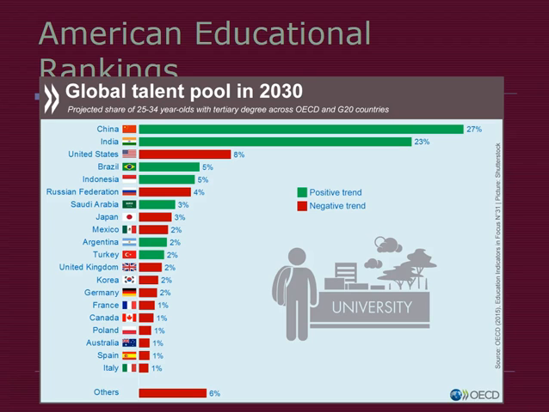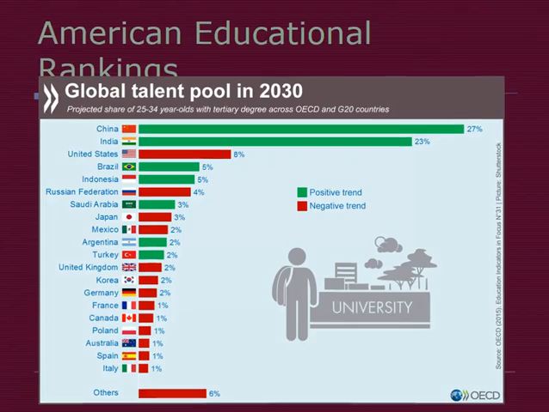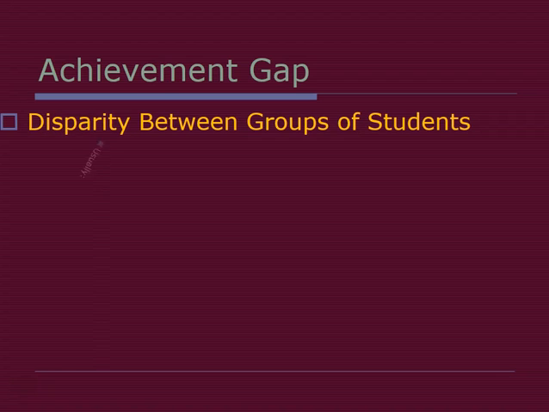The United States is falling behind. And so we've got this trend over and over again from issue to issue that America is not moving in the right direction. Even if we look at what's happening with American education inside of America, not even comparing us to anybody else, we have a huge achievement gap in America.